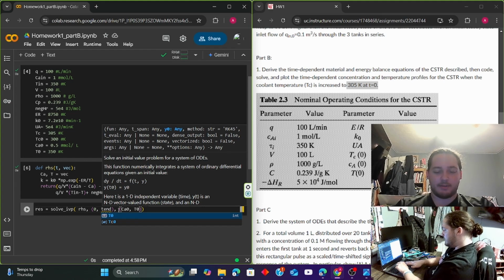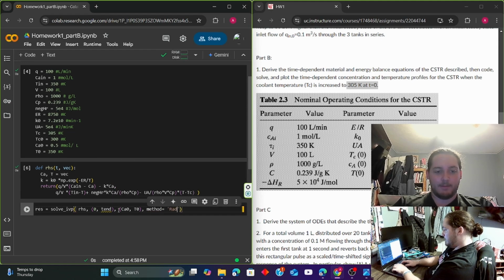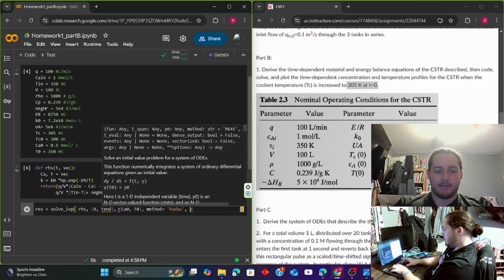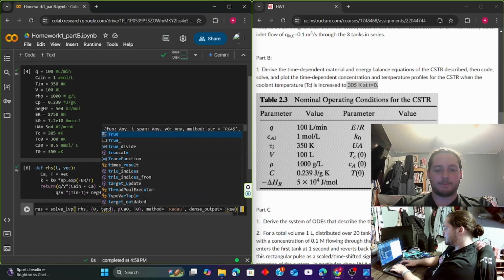So after our initial guesses, we want to move into our method, and that is going to be equal to Radau. And then lastly, we would like to make our dense output equal to true.